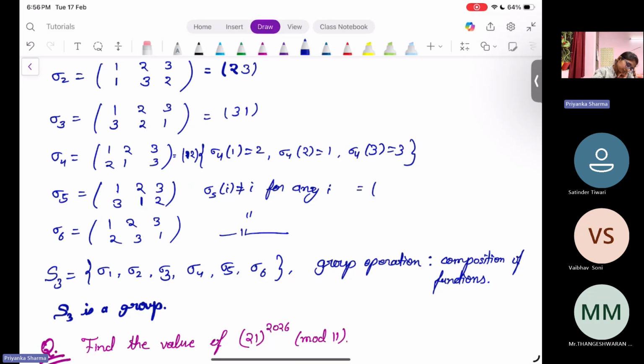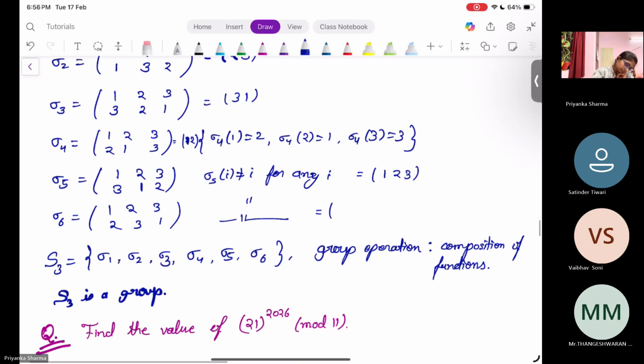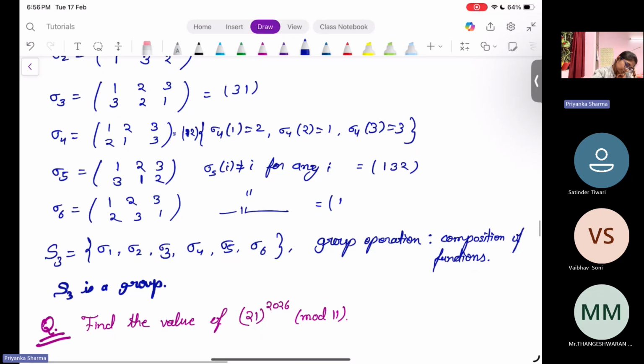This is actually 1, 2, 3. And this is 1, 3, 2, because 1 has image 3, 3 has image 2, and 2 has image 1. And this one, 1 has image 2, 2 has image 3, and then 3 has image 1.